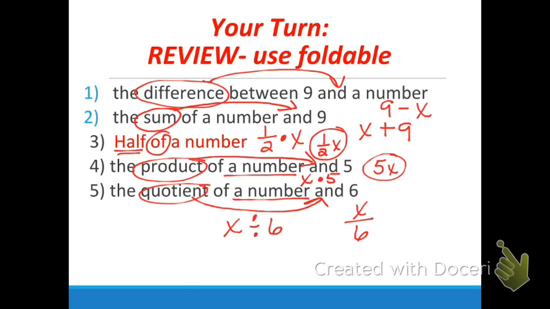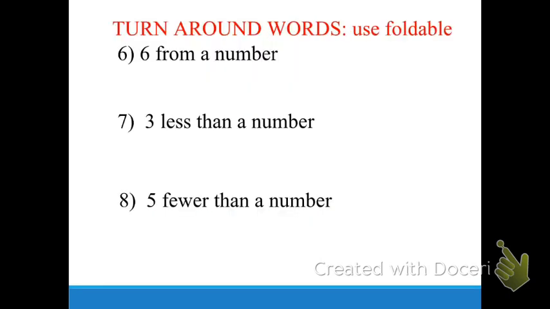Because today we're going to talk about something called turnaround words, which are places where it tells us to turn them around and put them in a different order. If you will open up the little small foldable to subtraction. Open up just the little subtraction flap. Look on the left-hand side. Do you see what it says? It says turnaround words.